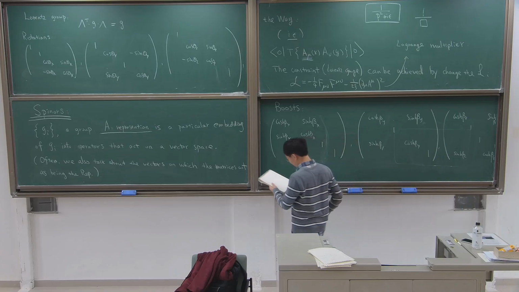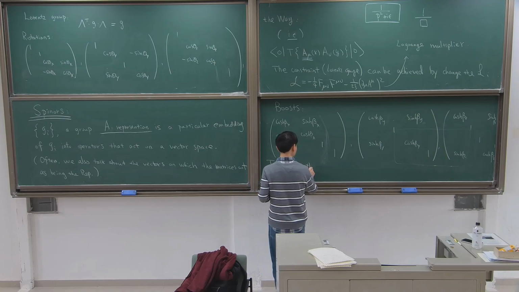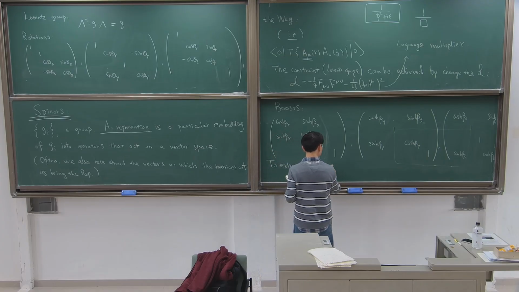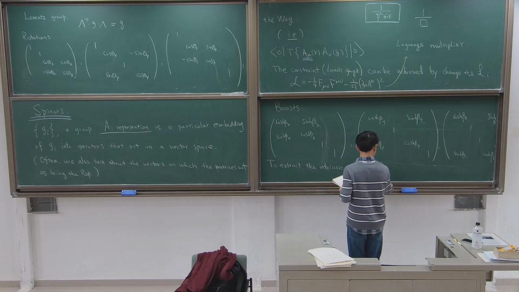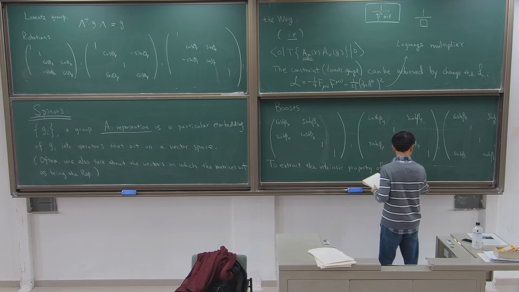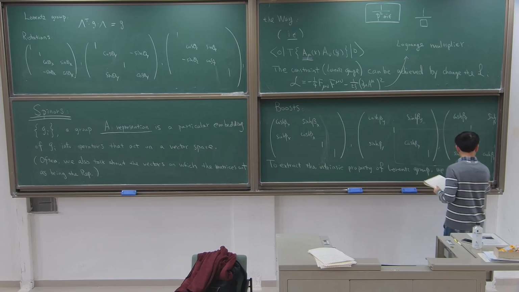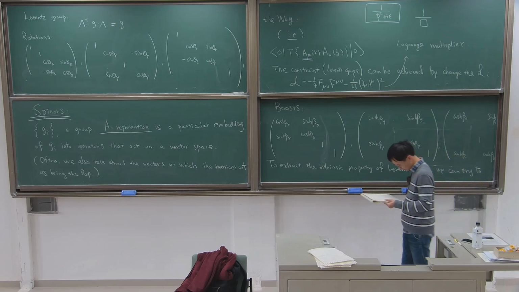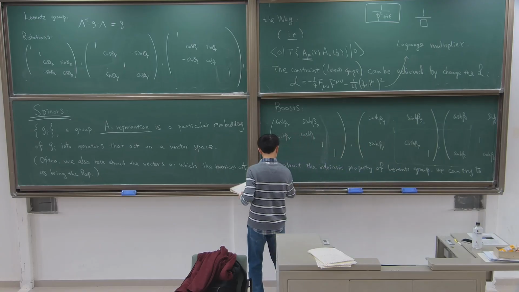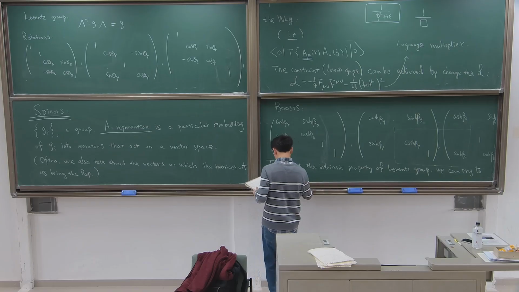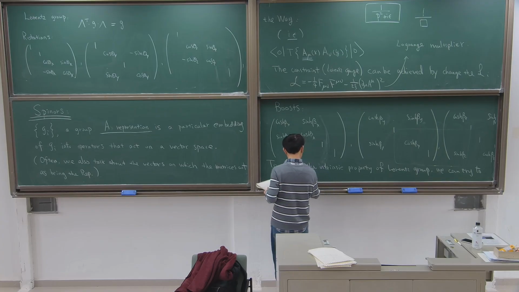There is a way to do that. To extract the intrinsic property of, say, the Lorentz group, we can try to extract the infinitesimal transformations.